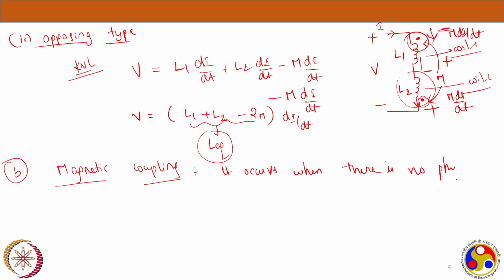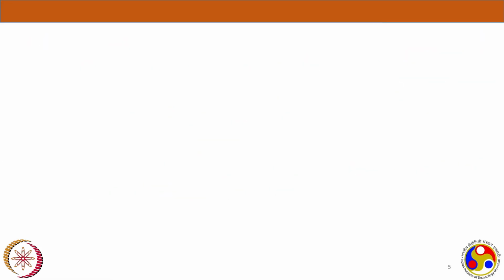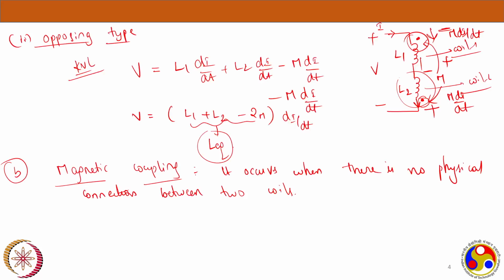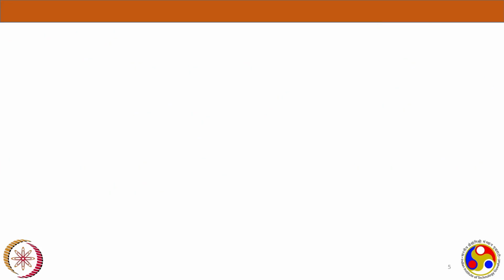When there is no physical connection between two coils. And even here as well, we will have two kinds, that is aiding type magnetic coupling and opposing type magnetic coupling, based on whether the current is entering or leaving the dotted terminals.